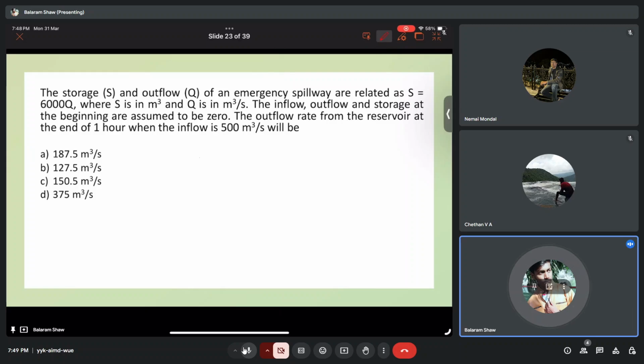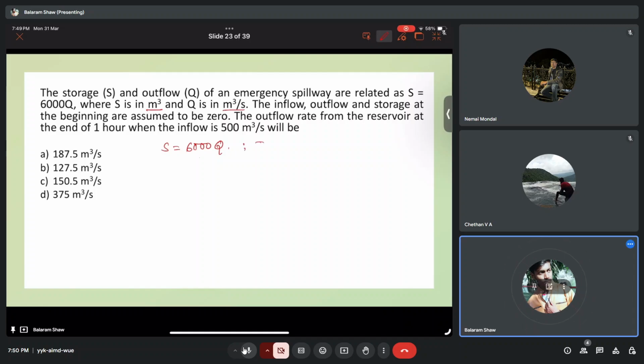Okay, so the next question is, the storage and the outflow of an emergency spillway are related as S is equals to 6000 Q. Okay, so we have the relationship between the storage of the spillway and outflow as S is equals to 6000 Q, and S is in meter cube and also Q is in meter cube per second. Inflow, outflow, and storage at the beginning are assumed to be 0.